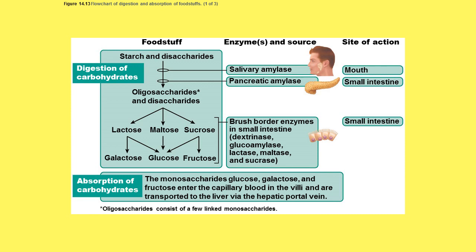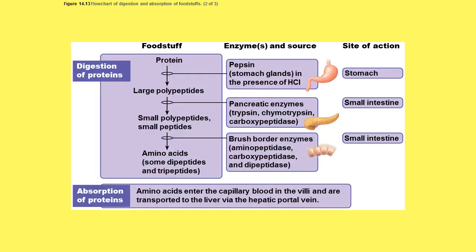In terms of digestion, digestion of your carbohydrates begins in the mouth, like I said earlier, with the salivary amylase, and then it will continue in the small intestines. And then you're going to be absorbing all of that in the small intestines. Proteins. Protein digestion occurs in the stomach.